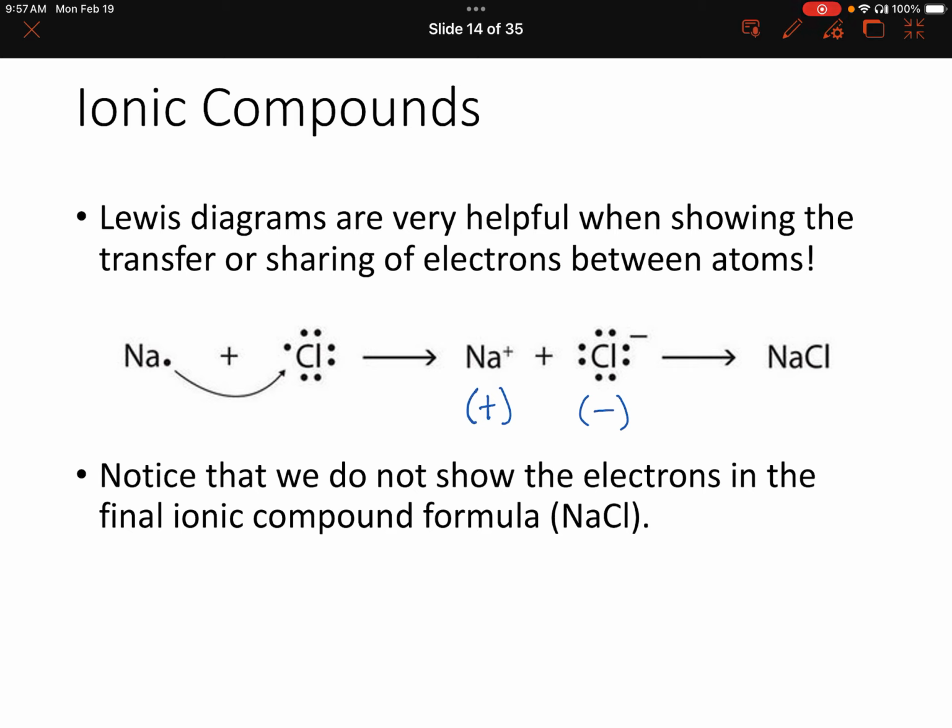So we don't have to show their charges in their formula. They're just going to list the compound as NaCl. And again, this is sodium chloride. So remember, negative ions are going to have a different ending to their name. So instead of chlorine, it is chloride.